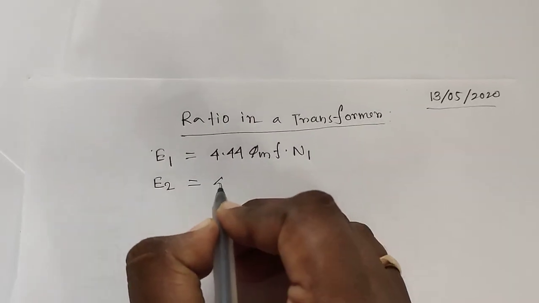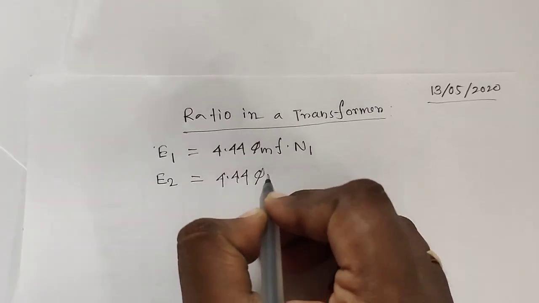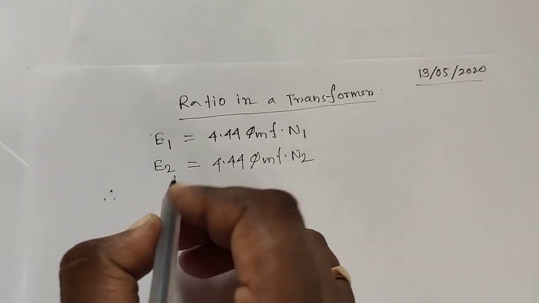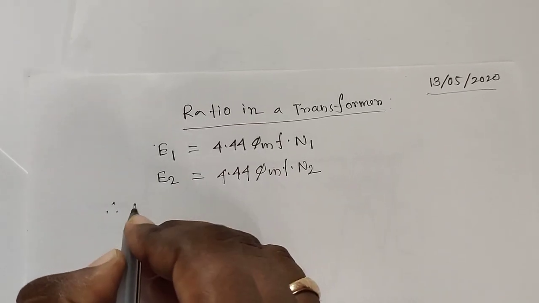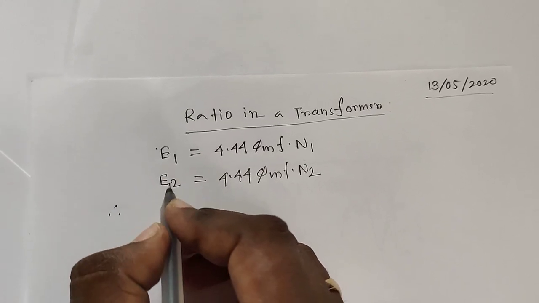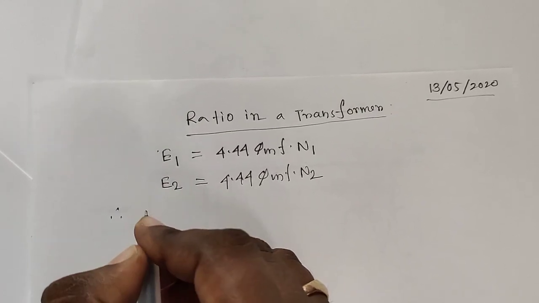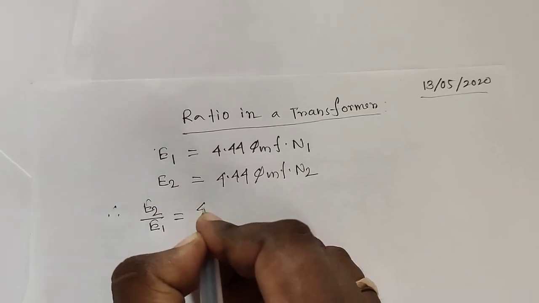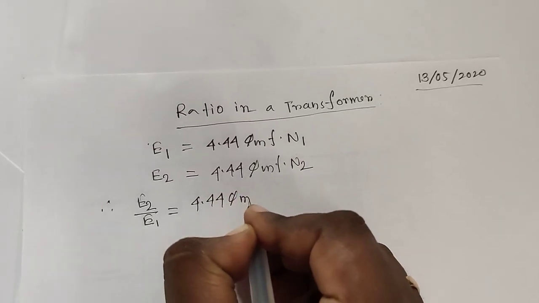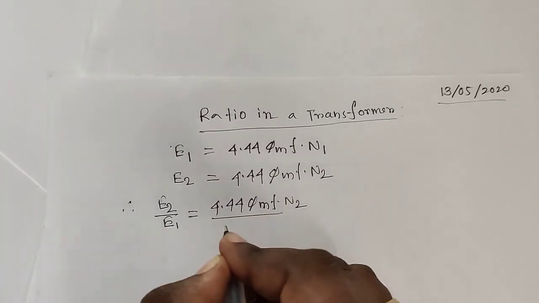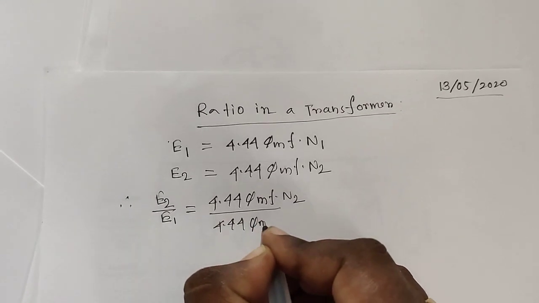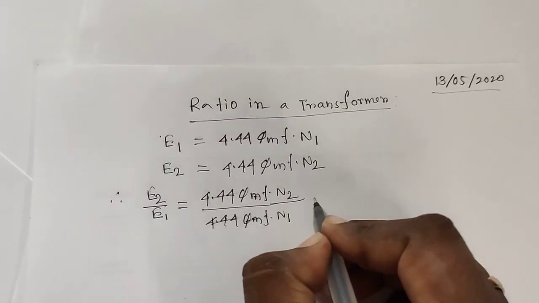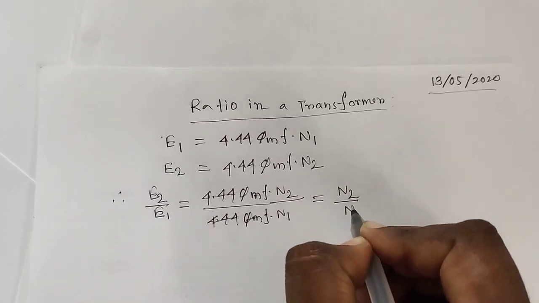The secondary side EMF equation is similar: 4.44 phi m f N2. Then taking the ratio of these equations, we get E2 by E1 is equal to 4.44 phi m f N2 by 4.44 phi m f N1. The same values cancel out, and then we get N2 by N1.